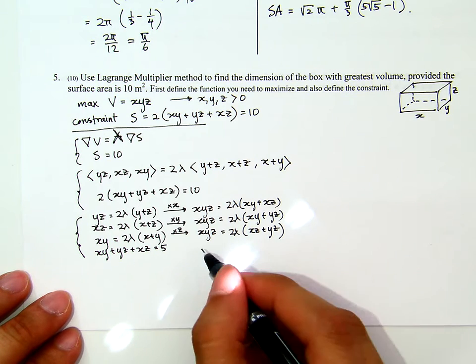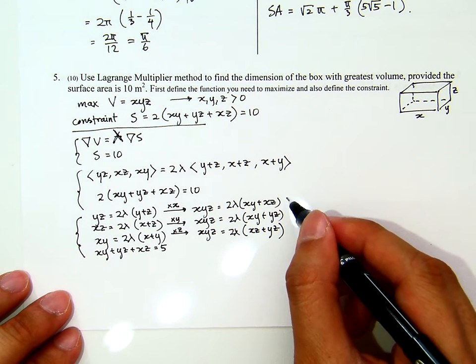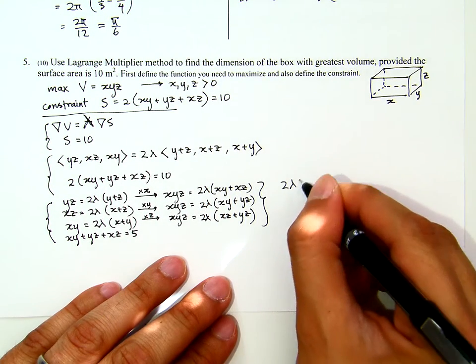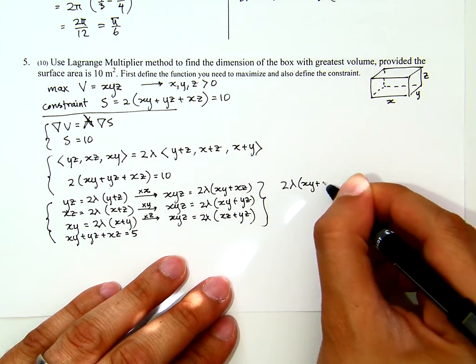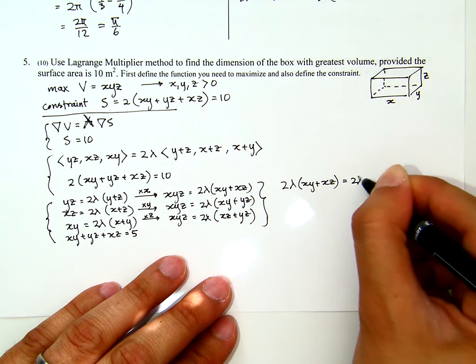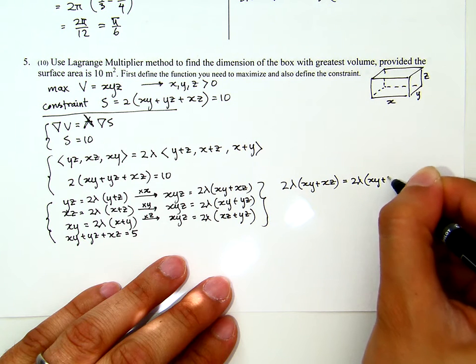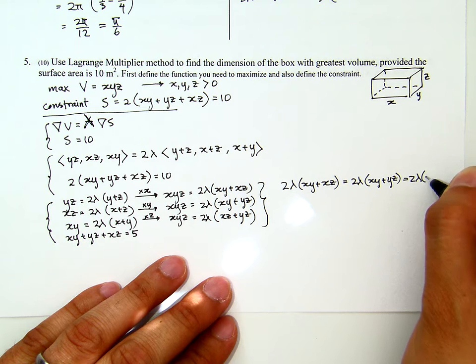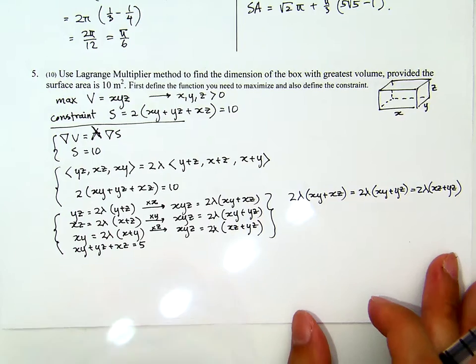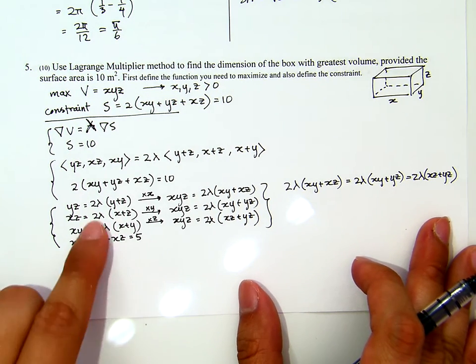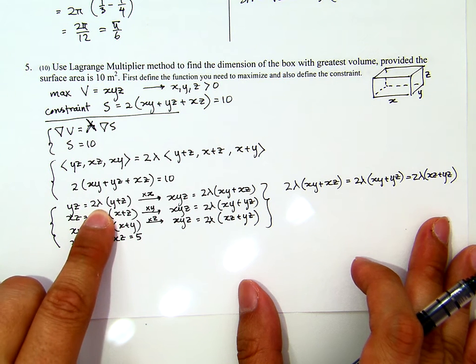Notice that all of them are equal, right? So from here, let me go on. This will be 2 lambda (xy plus xz) equals 2 lambda (xy plus yz) equals 2 lambda (xz plus yz). Now notice that lambda will not be 0. Why?